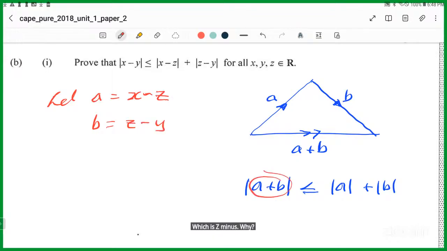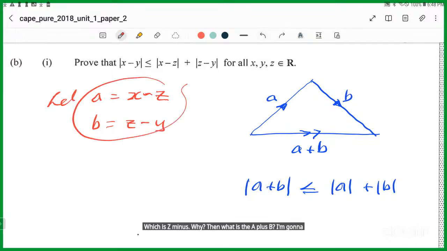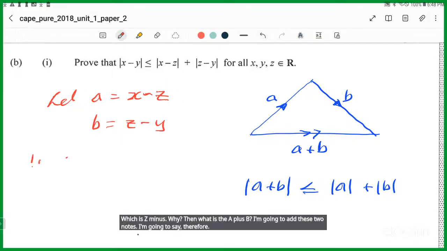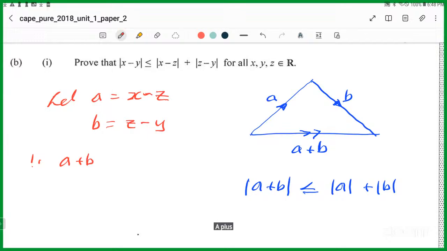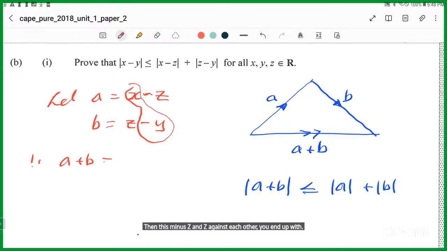Then what is A plus B? If I add these two, the minus z and the z cancel each other. You end up with x minus y.